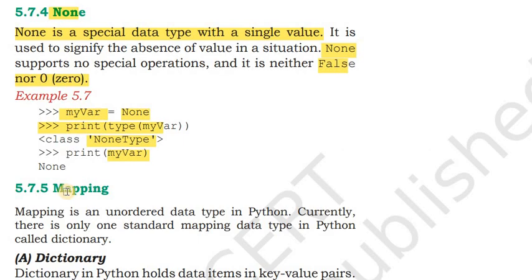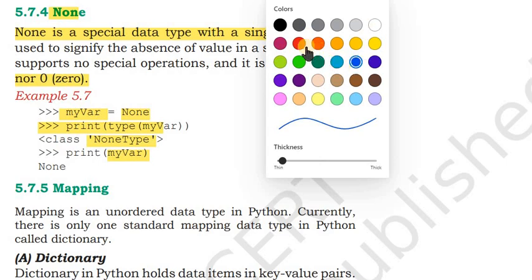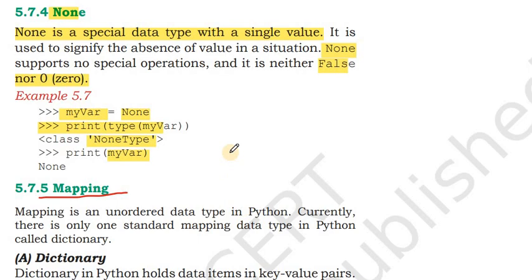Now students, let's start mapping. What is mapping? Mapping is an unordered data type in Python. Students, earlier you learned many data types in Python.